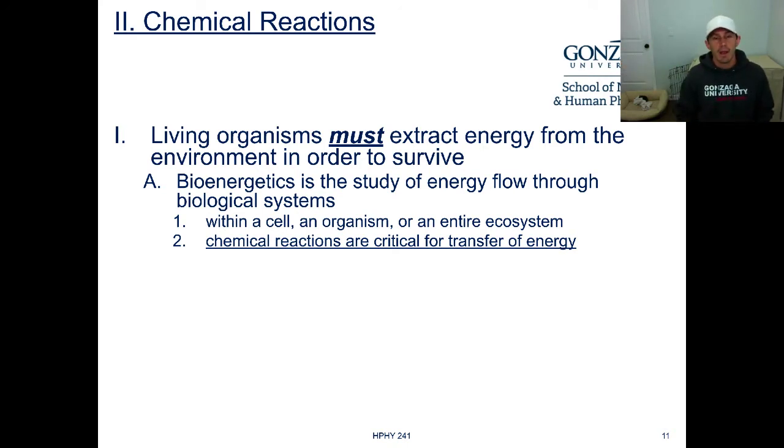At the heart of bioenergetics is this second point right here: how chemical reactions are critical for the transfer of energy. Because remember, we're not creating or destroying energy, we're only converting it. Bioenergetics is the study of how energy flows and is converted from one form to another.